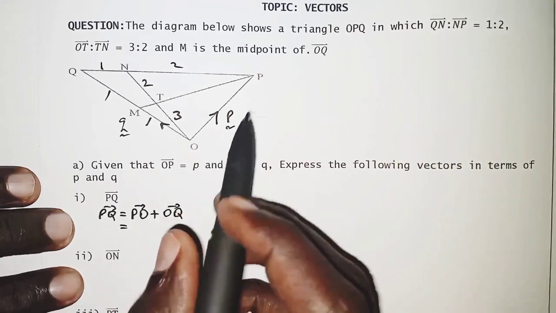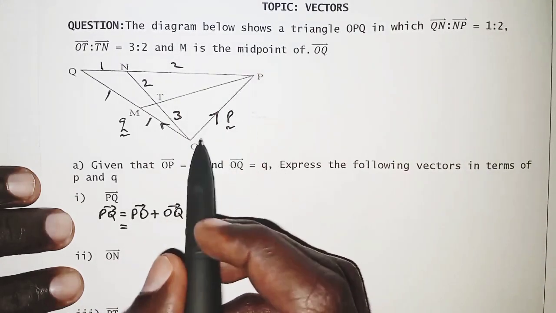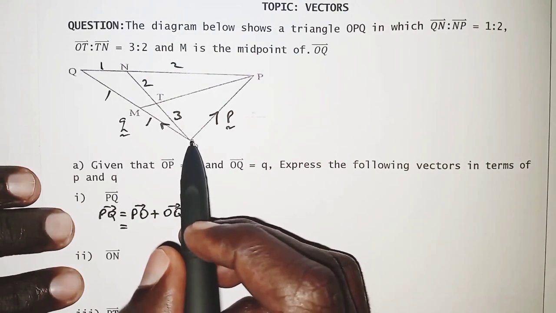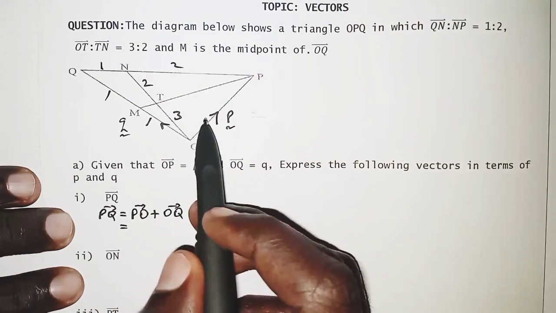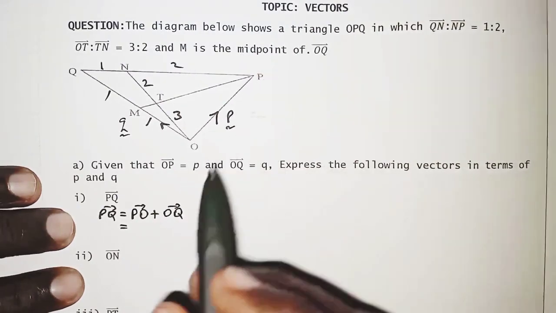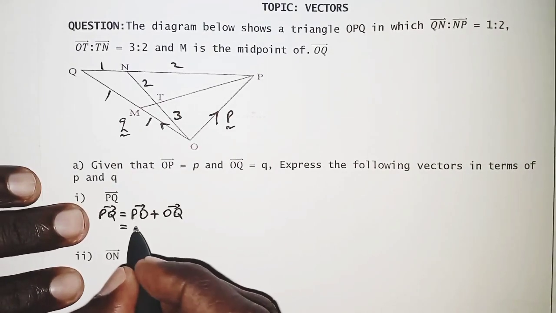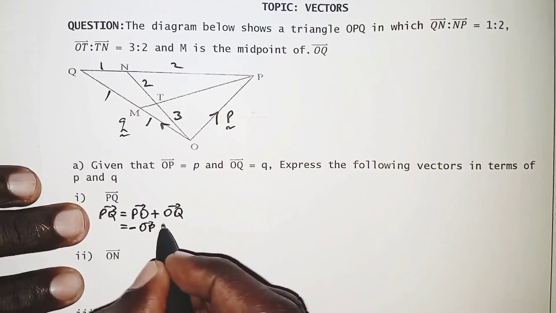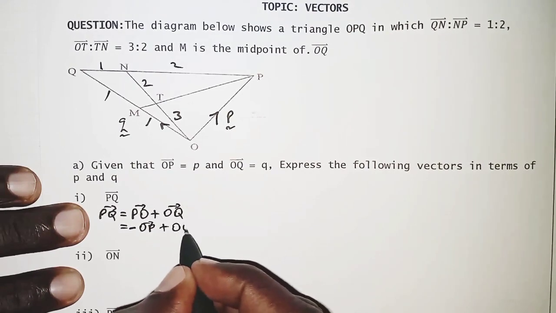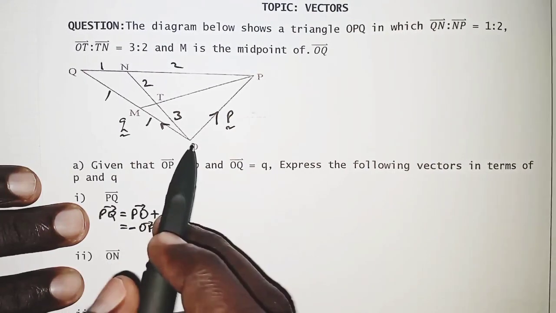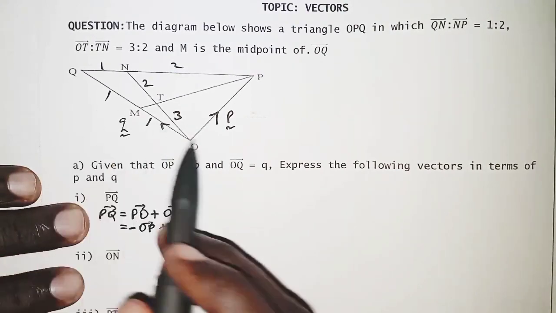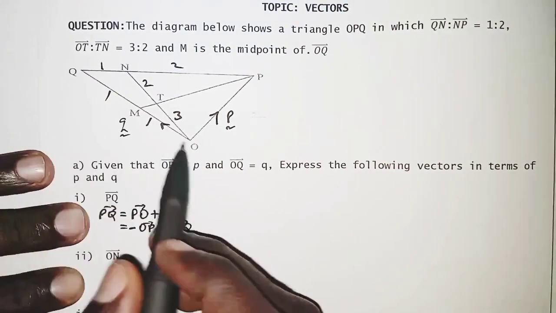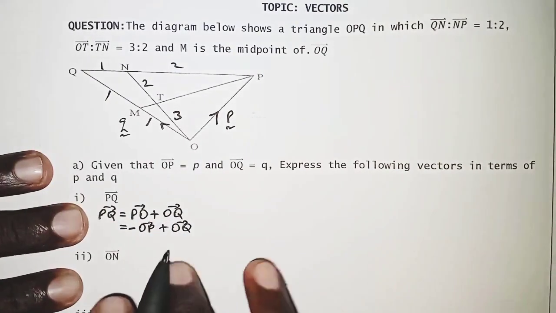Remember, vector PO is against vector OP, that is against the direction of OP. So we simply have it as negative OP plus vector OQ. OQ is in the direction of vector OQ, so there's no problem there.